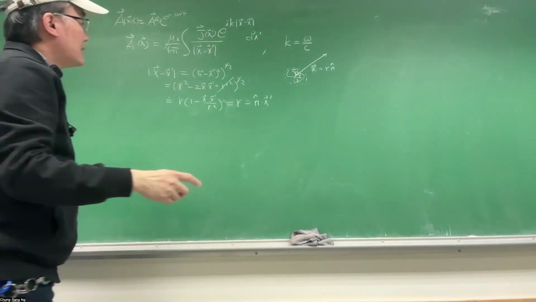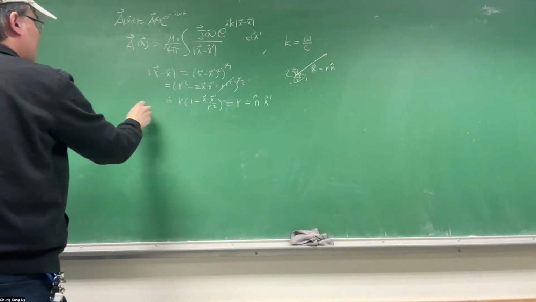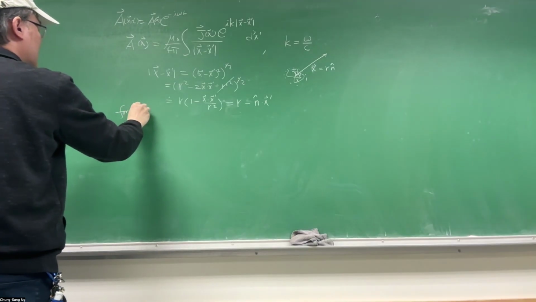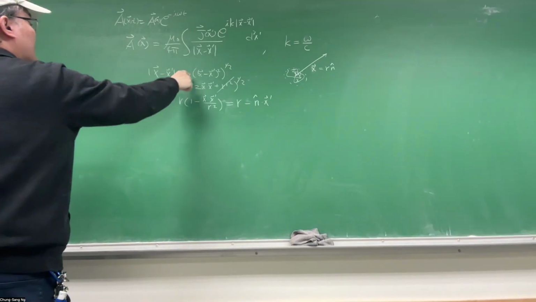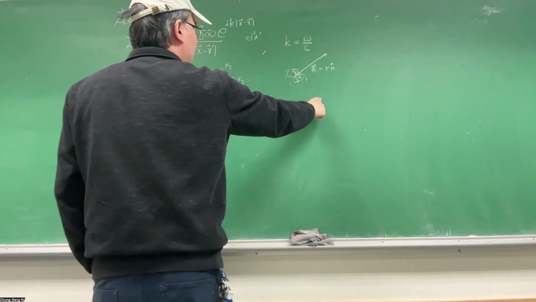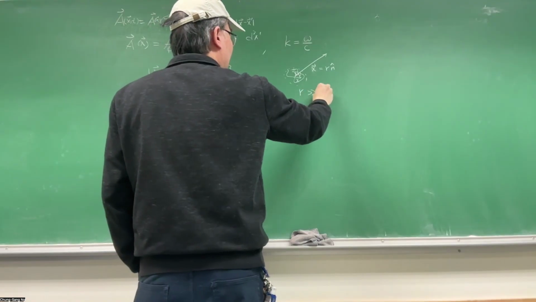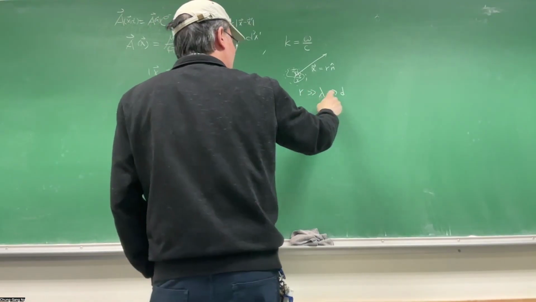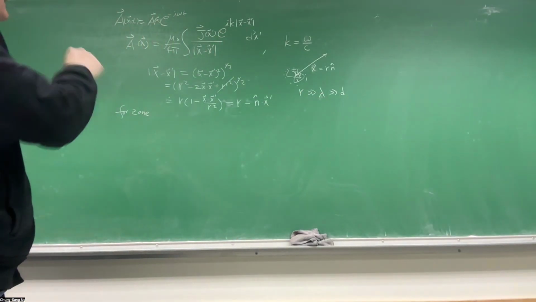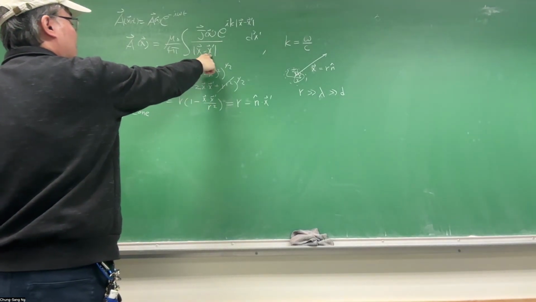And now consider the far zone, or the radiation zone. The far zone is where r is much larger than the wavelength, so r is greater than lambda. It's always long wavelength, but r is also much greater. In this case, in the denominator, you can always ignore this x prime term.